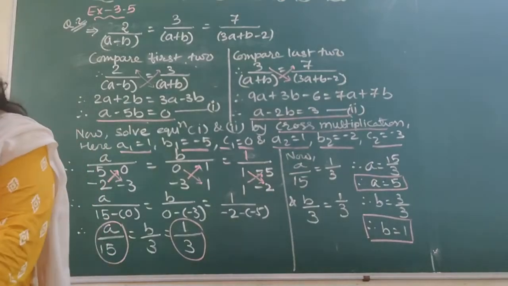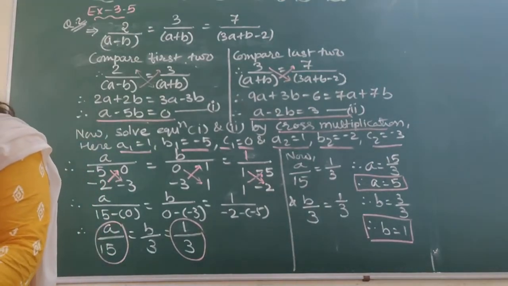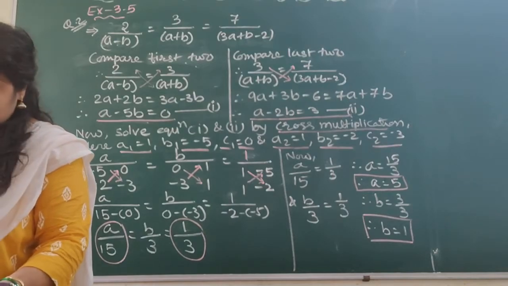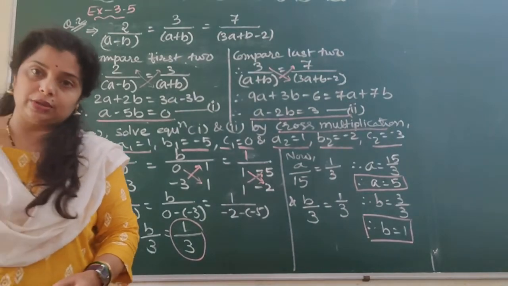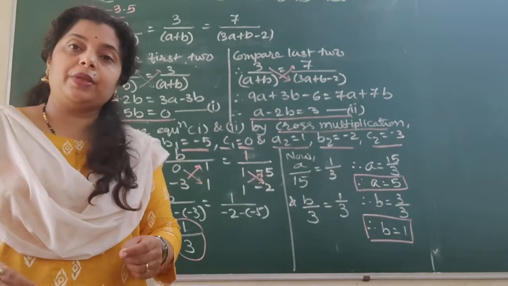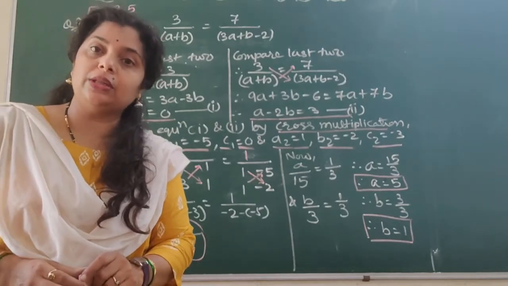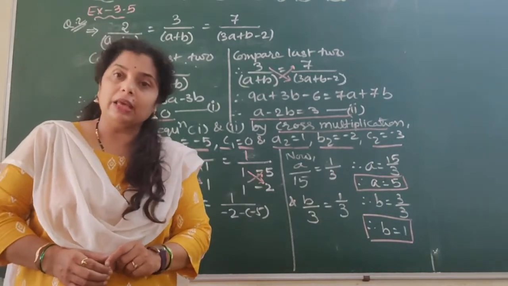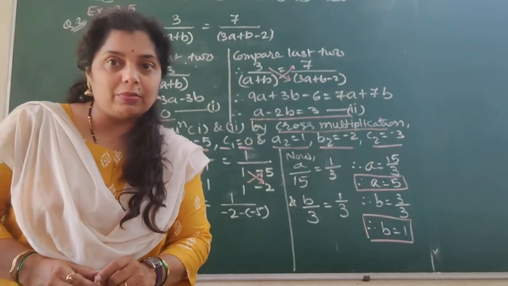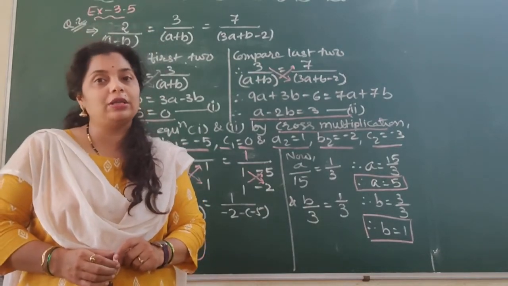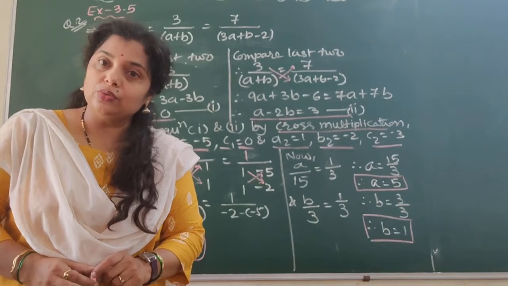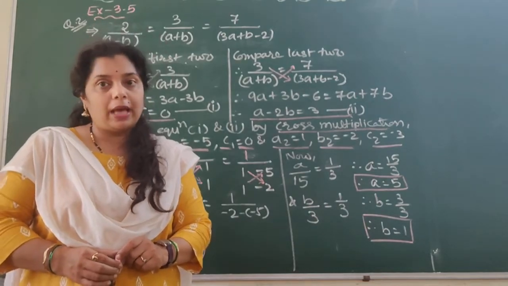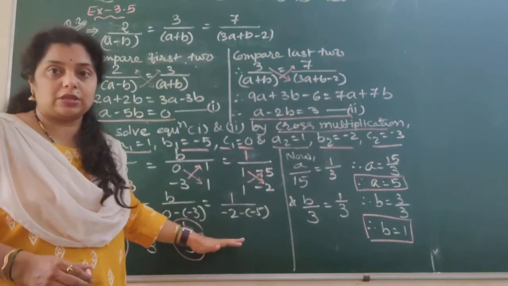Now next: for which value of k will the following pair of linear equations have no solution? Again, if they do not have any solution, then what is the condition? A1 by A2 is equal to B1 by B2, but it is not equal to C1 by C2. You have to apply that condition and do the same process.